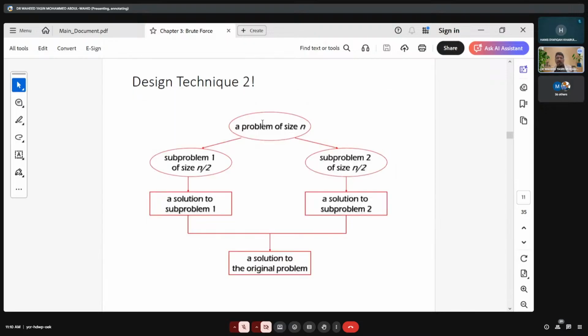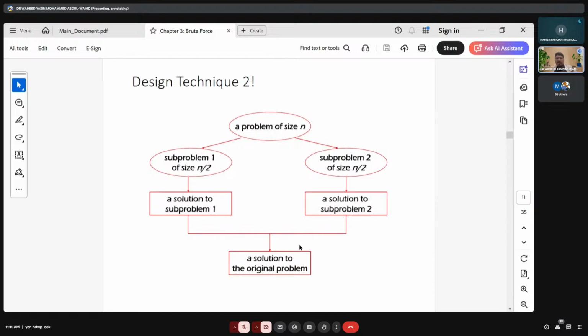So here we have a problem of size n. This one is divide and conquer. We have subproblem 1 and subproblem 2. We divide the problem into subproblems of size n divided by 2. Then a solution to subproblem 1, and a solution to subproblem 2.